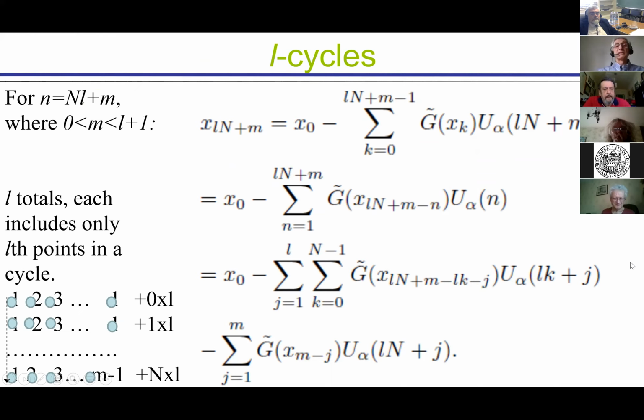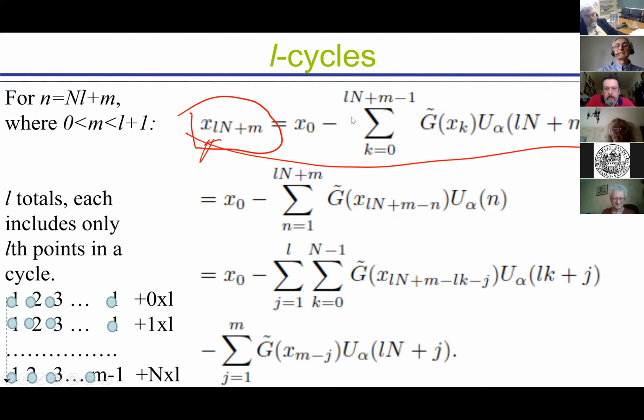Now, talking about cycles, we assume that this convolution equation, it's this one, has periodic points. Then for large values of n, those solutions should converge to some periodic values.